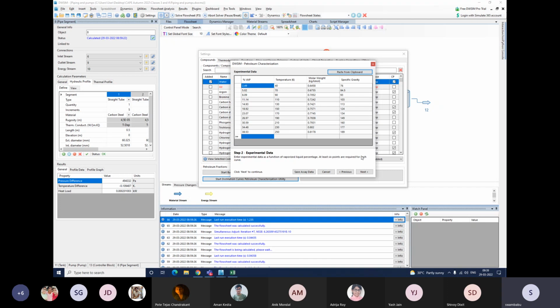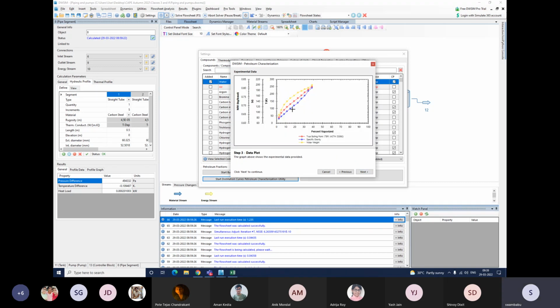So I have copied the percentage vaporization, temperature, molecular weight, and specific gravity. Now this is the TBP data, showing how the molecular weight and the temperature varied with percentage vaporization. Whatever data we have given, this is plotted.